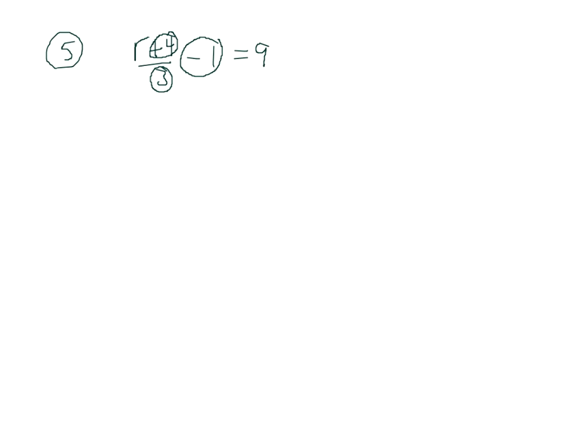However, I have to remember that because this is a fraction, there are implied brackets here. So I'm going to undo what's being done by adding 1 to both sides. So I have r plus 4 over 3 equals 10. Again, implied brackets. So I have to multiply both sides by 3.